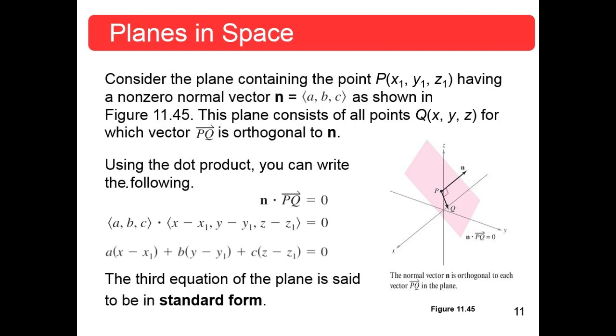PQ would be, this is the initial point, there's the terminal point, x minus x1, y minus y1, z minus z1. You dot this with n, set it equal to 0. The dot product is multiplying the first components, adding the product of the second components, adding the product of the third components. So that gives you a times x minus x1 plus b times y minus y1 plus c times z minus z1 is equal to 0.